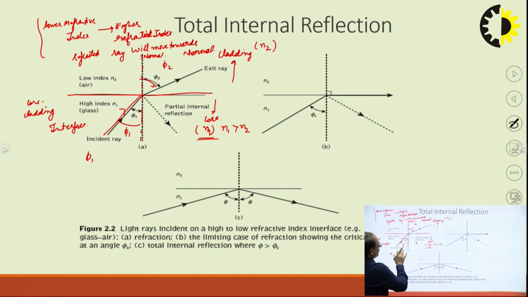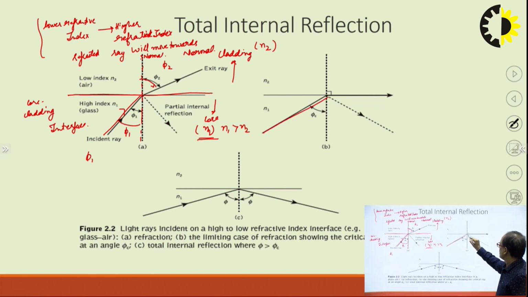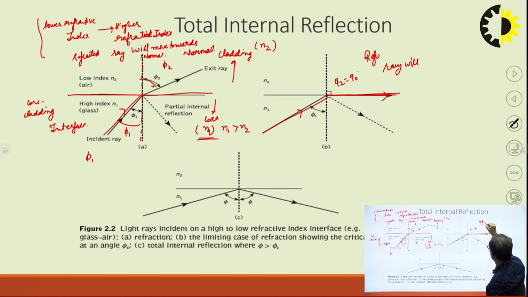Clear? Now, if I further increase phi 1, the ray will move further away from the normal, until it makes an angle of phi 2 equal to 90 degrees, or you can say the ray will travel along the core cladding interface.